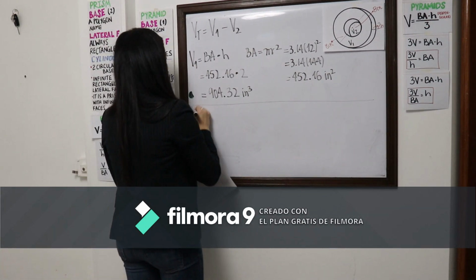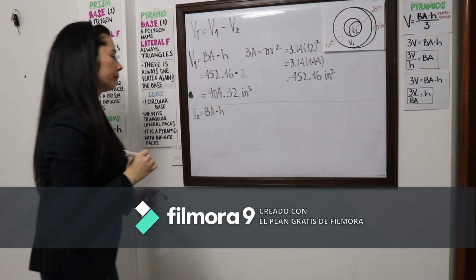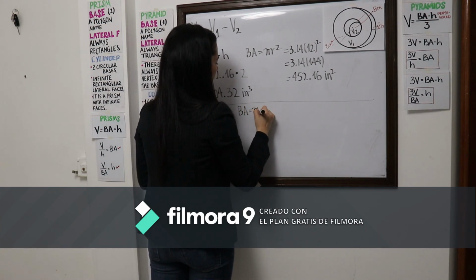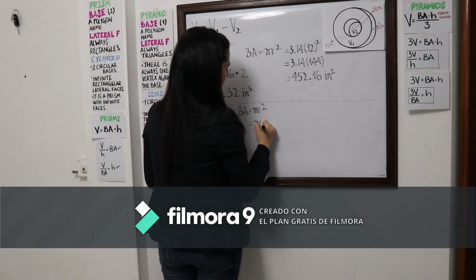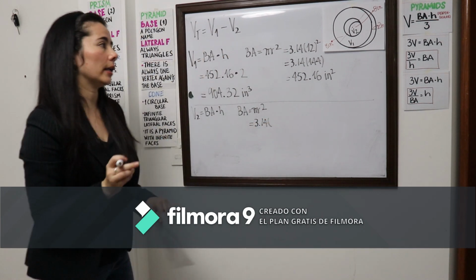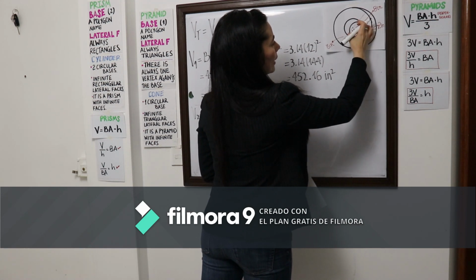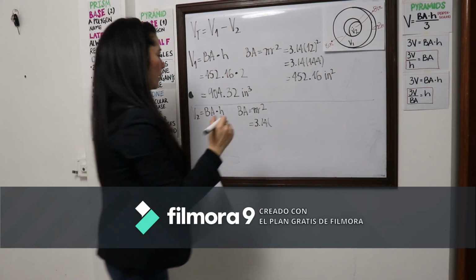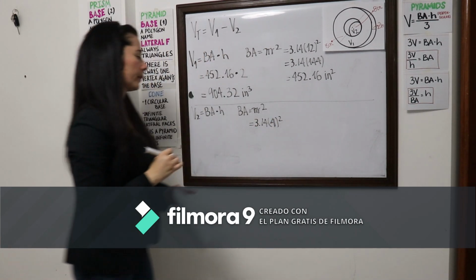The second volume, again, is another cylinder. It is just a little bit smaller. And that second volume, of course, has a base area that is also a circle. And that circle has a radius. Sorry, I'm going to do the 3.14 right away. If you think about this, this is going to be the smaller circle I want to think of, right? This distance is 8, which is the diameter. I want to think about that 4 right there. That's going to be my radius. So 4 squared, okay?